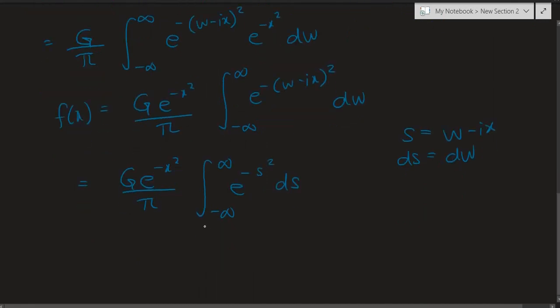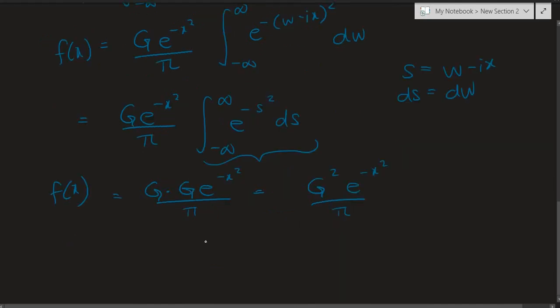And now notice that this again is your Gaussian integral. So we have g times this, g times e raised to negative x squared by pi, which becomes g squared e raised to negative x squared by pi, and that's supposed to be your f of x.